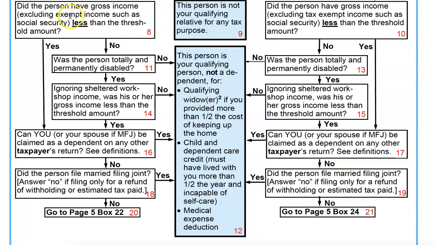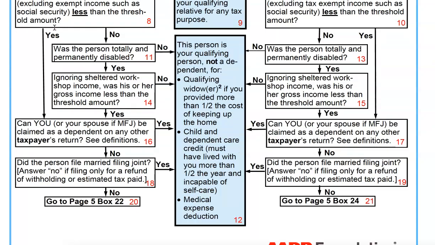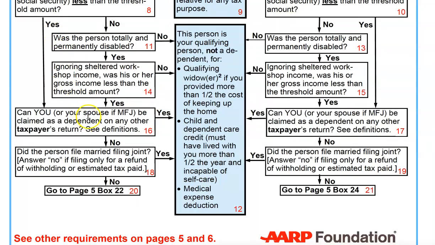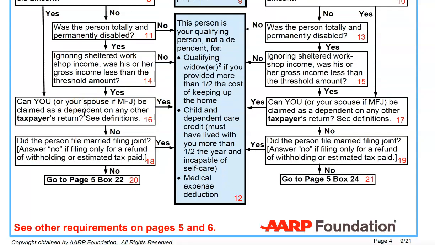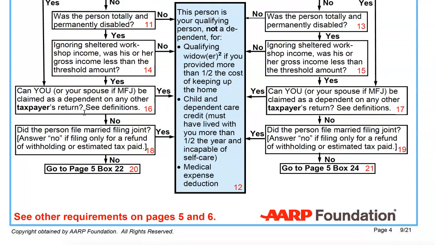So let's assume that Raymond made less than $4,300. That has more possibilities tax-wise, and obviously you follow the facts, not what you'd like the facts to be, but let's assume the fact is he made less than $4,300. We go down here. Can Sophia be claimed as a dependent on any other tax return?